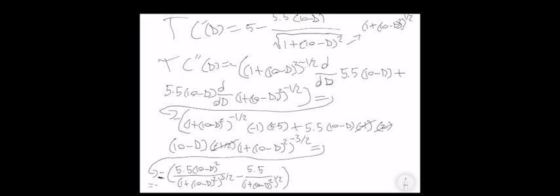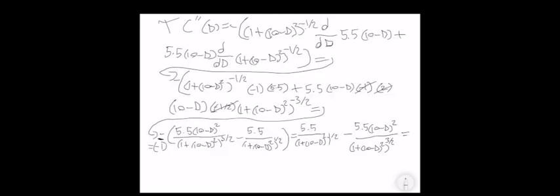Since there's a negative symbol, it equals -1, so we can multiply each side by -1. So now we have 5 5/10, because that becomes positive, over (1 plus (10 minus d) to the second) to the 1/2, minus, that becomes negative, 5 5/10 times (10 minus d) to the second, over (1 plus (10 minus d) to the second) to the 3/2.